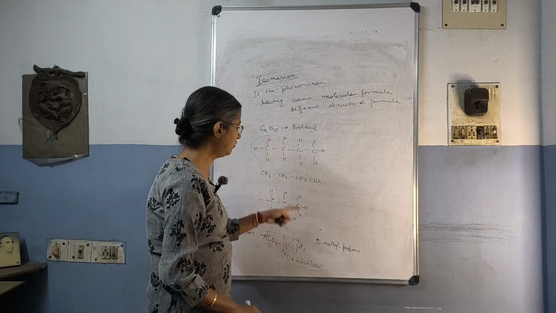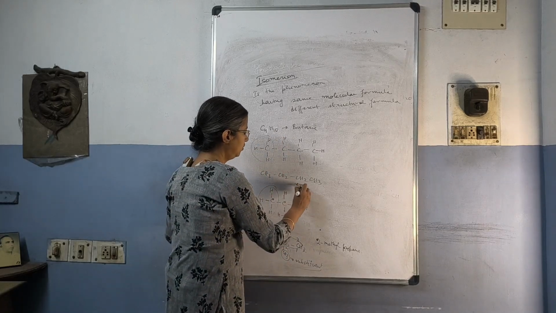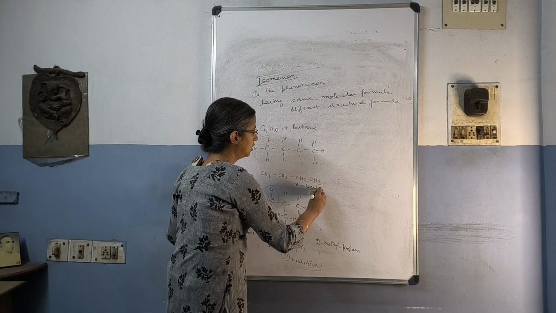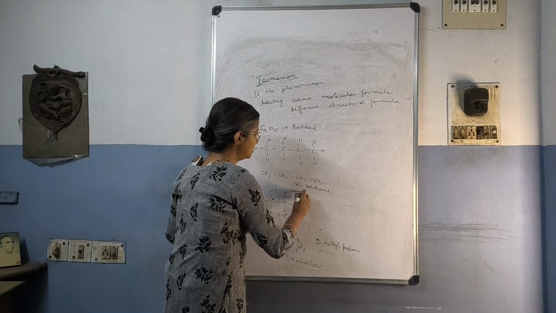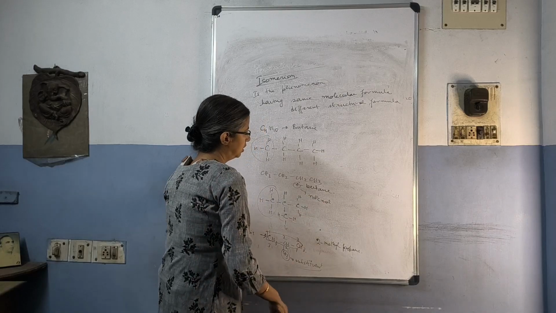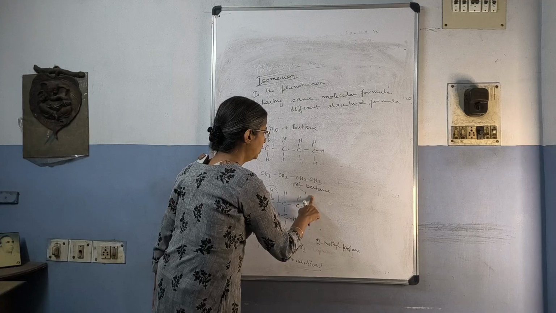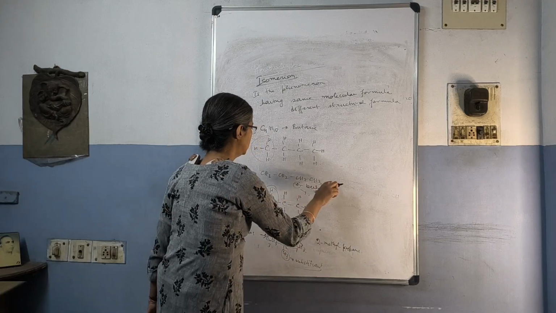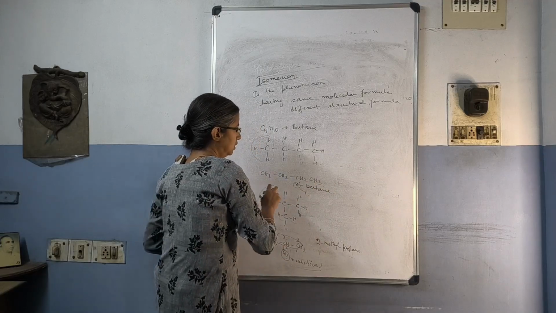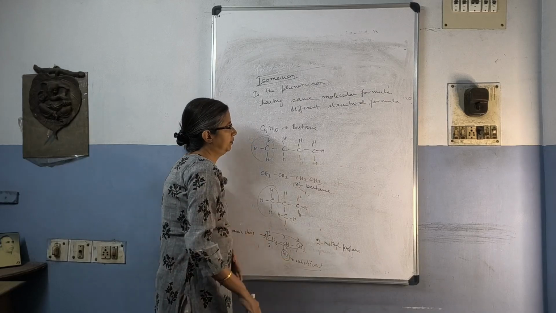So here butane has 2 isomers. One is n-butane. This is called n-butane or normal butane. n stands here for normal. That is, n means single chain, no substituents. n-butane and then 2-methyl propane.